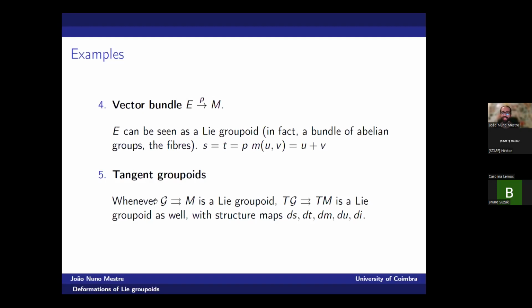So I apply T, the tangent functor, to both the space of arrows, the space of objects, and all the structure maps, and I obtain a new Lie groupoid, essentially just by functoriality of the tangent functor. That's what makes all the structure maps behave like maps for a groupoid. And I'm mentioning this example because it will be very important in the study of deformations. So we will use this one again.